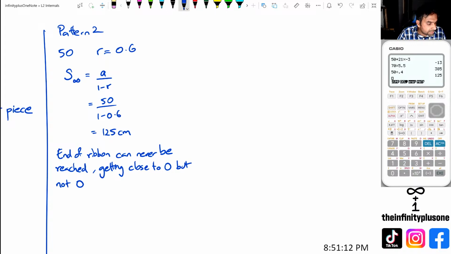So in other words, the amount of ribbon that gets discarded is going to be 400 take away 125, so 275 centimeters of ribbon that's going to be discarded.